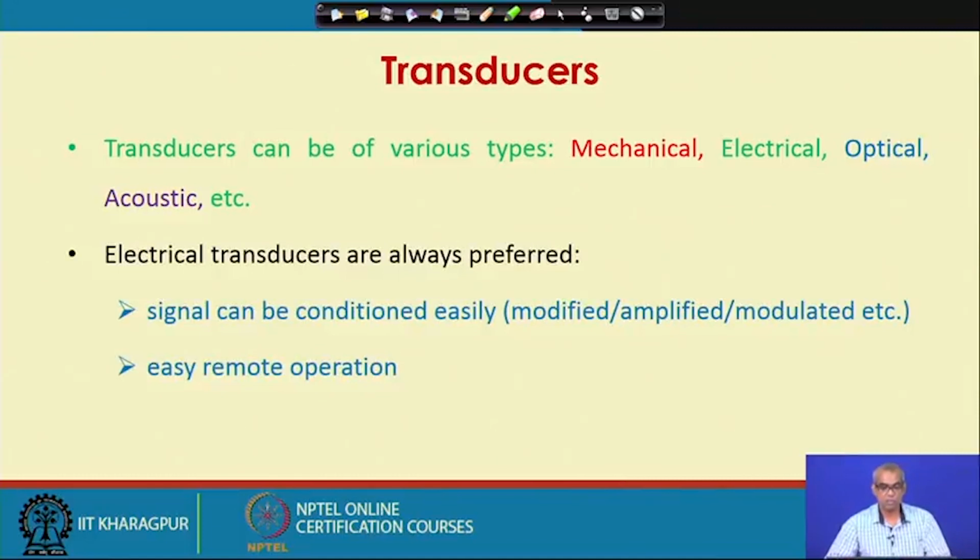Electrical transducers are always preferred because the signal can be conditioned easily. That means the signal can be modified, amplified, modulated, etc. Remote operation is easy. That means the signal can be transferred from one place to another very easily. It is also possible to transmit a pneumatic signal, which is air pressure, from one place to another.